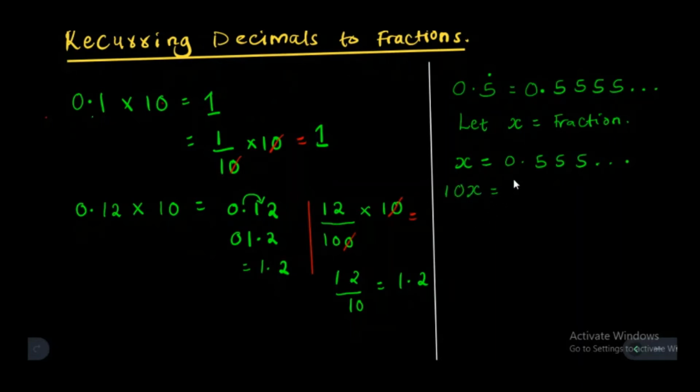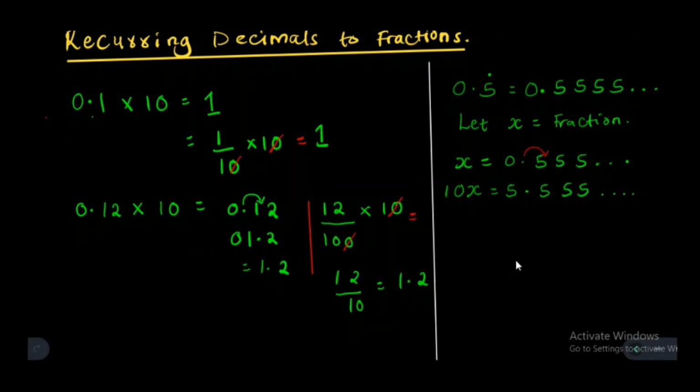If I multiply 10 times this recurring number, we had seen that if you multiply a 10 to any decimal number, the decimal moves to your right. So this decimal place is going to move 1 step to your right. Our value after multiplying by 10 will be 5.555 recurring.